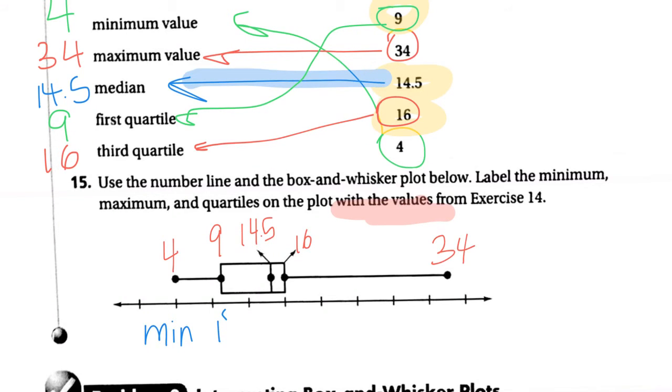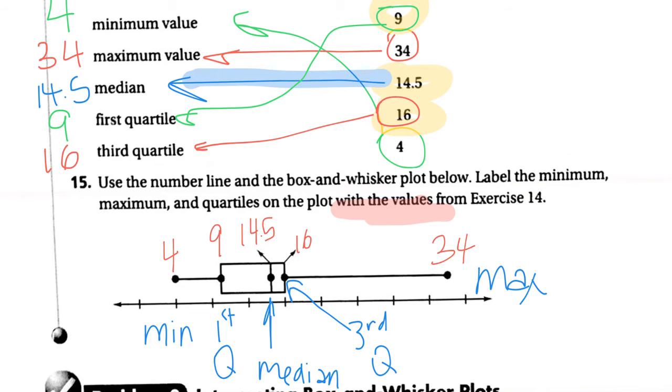So again, we have our first quartile, our median, our third quartile, and our maximum. So a box and whisker plot shows the 3 quartiles, so the first, second, and third quartiles, the minimum, and the maximum.